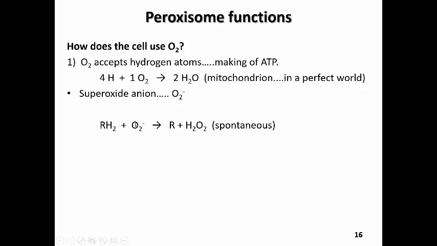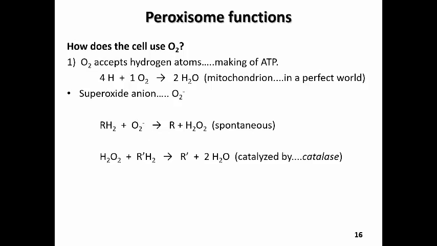O2 negative gets what's called reduced to H2O2. This is called hydrogen peroxide. And hydrogen peroxide is much less reactive than superoxide, thereby neutralizing the potent damage caused by the O2 negative molecule.